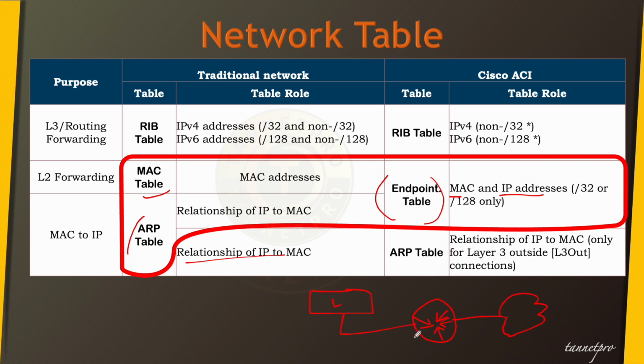So for this L3 out, it's difficult to maintain all this internet route information in the endpoint table. It would be a waste of resources. So that's why we use the ARP table for this L3 out, to connect the legacy or traditional network and communicate with other worlds. So this is how we maintain the tables. Hope it's clear, right?